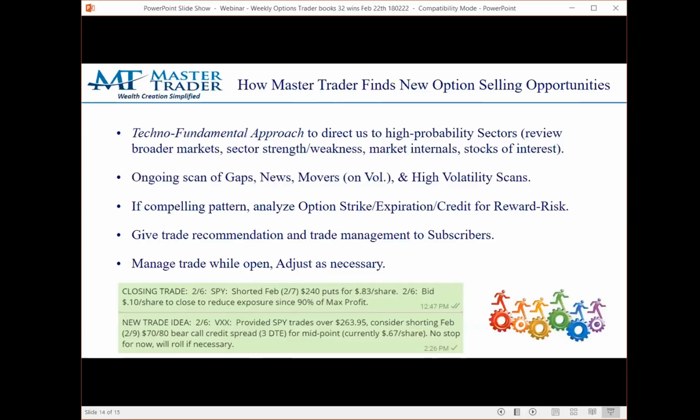So again, we love selling volatility, and we love selling puts on the spiders in market chaos. And all the other times, we're selling these credit spreads to put money in our pocket as additional income, because it really is easy for us. I keep saying it's easy to find, it's easy to trade, it's easy to manage, and hopefully I've shown you some of that today.